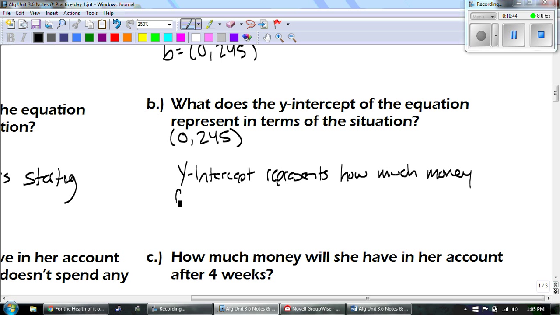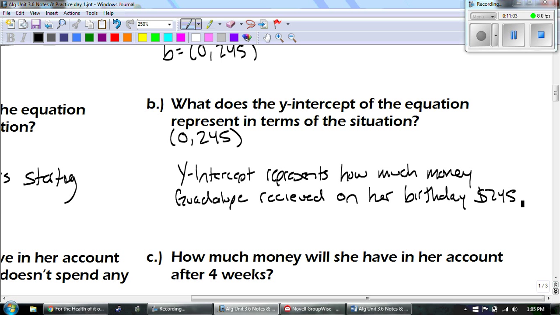Yeah, we're talking about Guadalupe. So how much money Guadalupe received on her birthday. And you can say that it was $245. Okay?